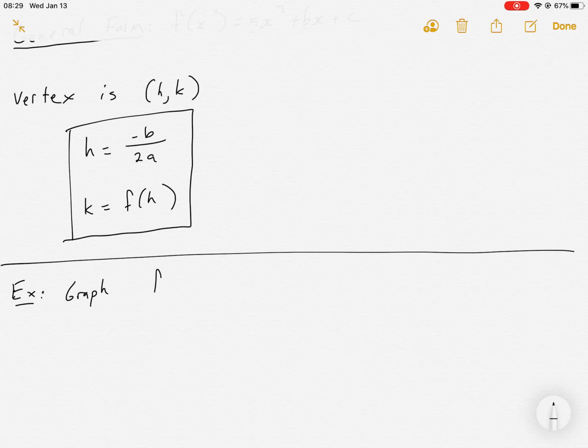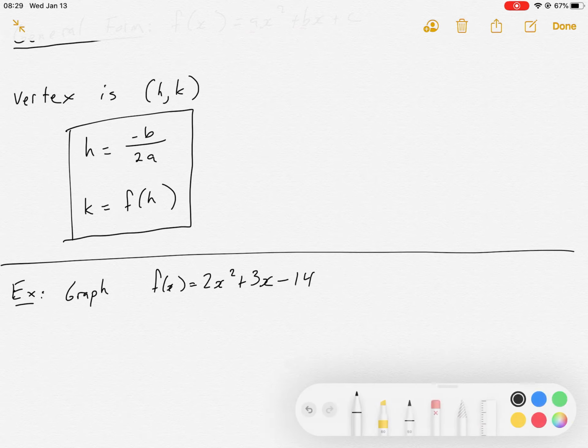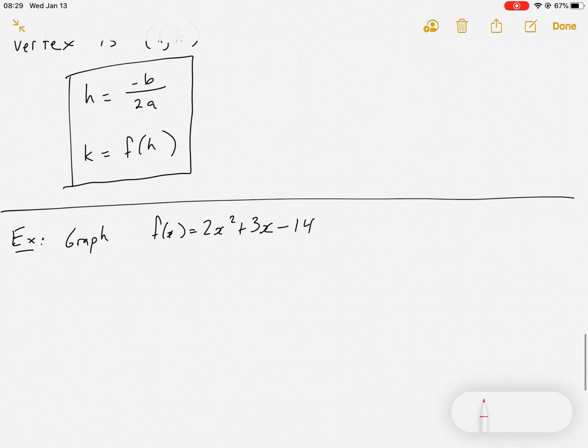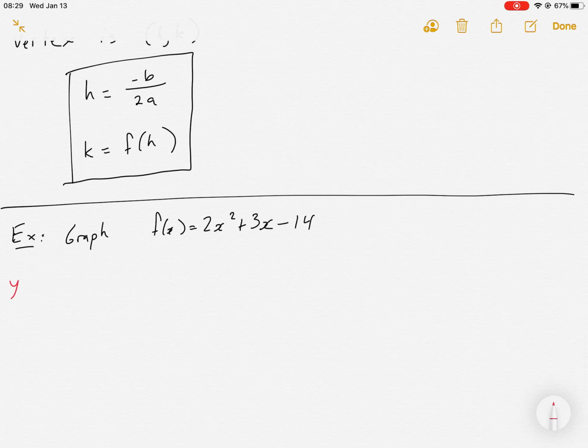the function f of x equals 2x squared plus 3x minus 14. Okay, now once again, we need to remember our y-intercept, our x-intercepts if they exist, and also the vertex.